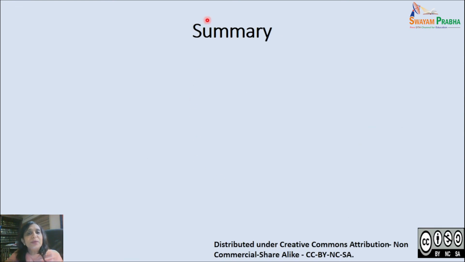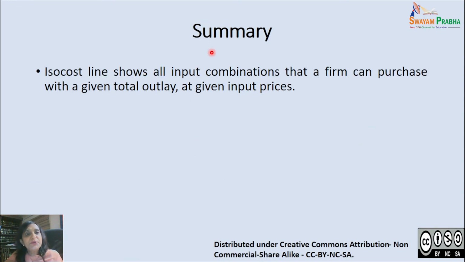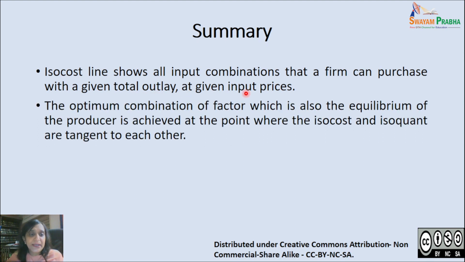So let us quickly summarize whatever we have done today. The isocost line, which is analogous to the budget line of the consumer, shows all input combinations that a firm can purchase with the given outlay or cost and given input prices.